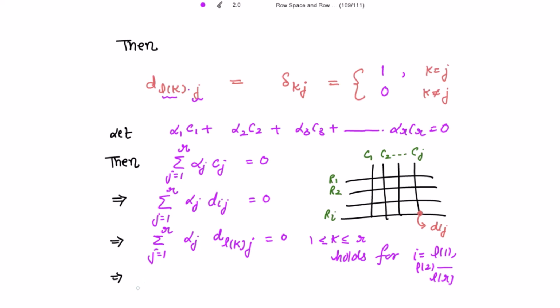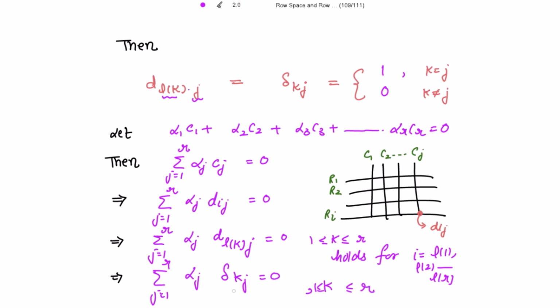So D_LkJ is nothing but the Kronecker delta. Writing this, the summation over j equal to 1 to r of alpha j delta_kj is equal to 0, for k going from 1 to r.